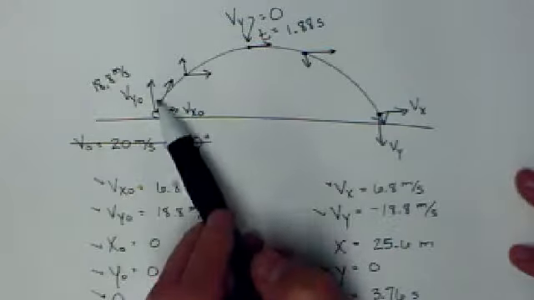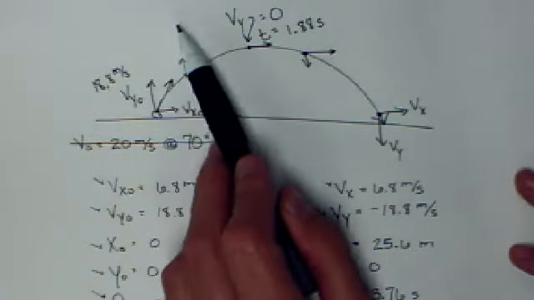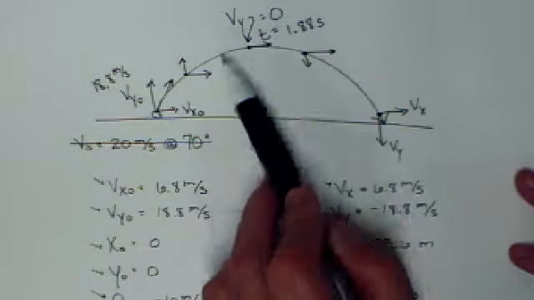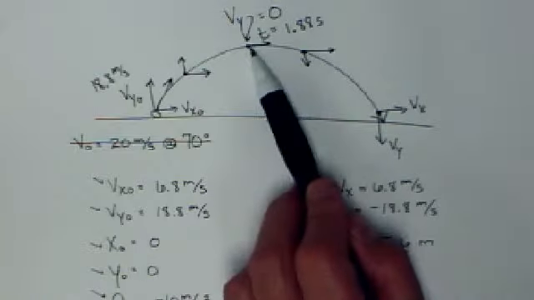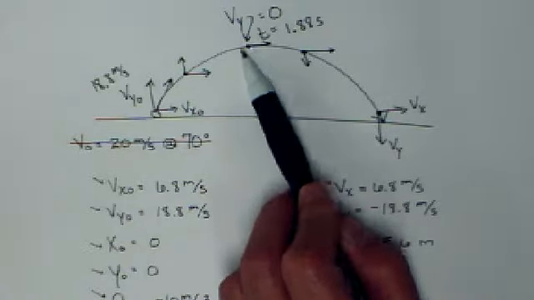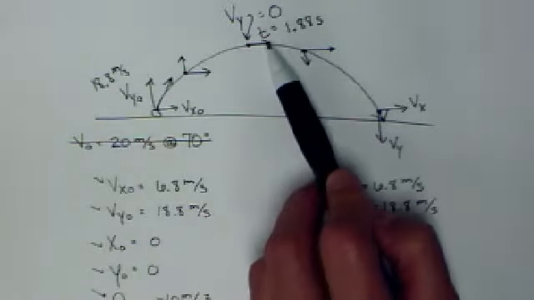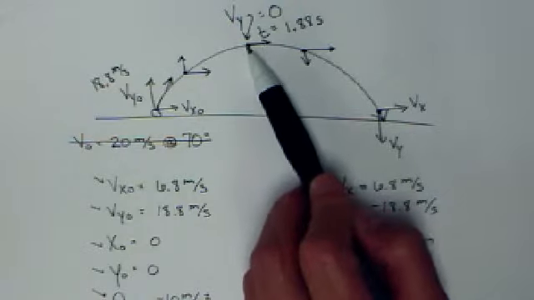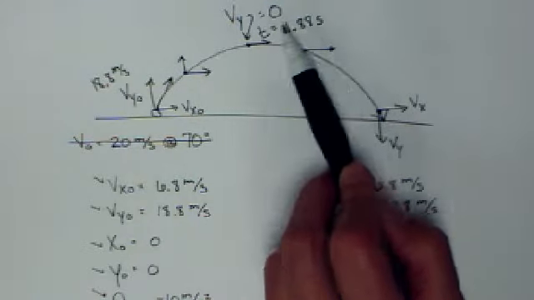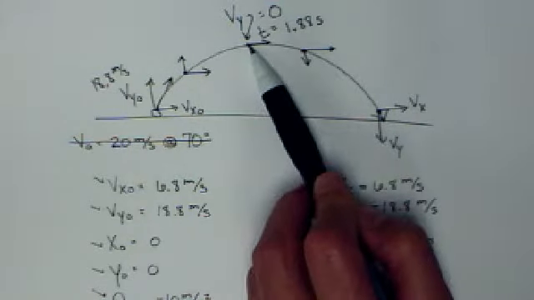And it lost 10 meters per second each second that it traveled up. And as it traveled up, if it lost 10 meters per second each second, it would have taken 18.8 divided by 10 seconds to reach the top. So it took 1.88 seconds to reach a vertical velocity of 0.